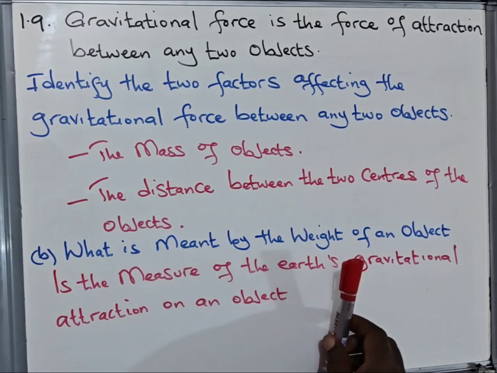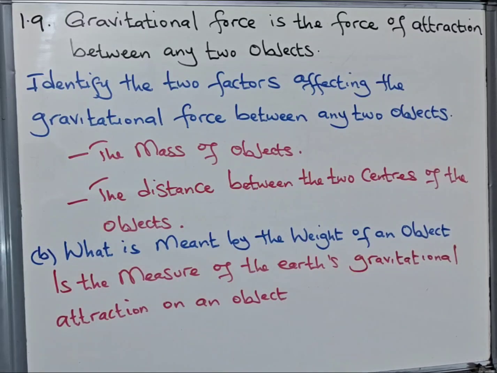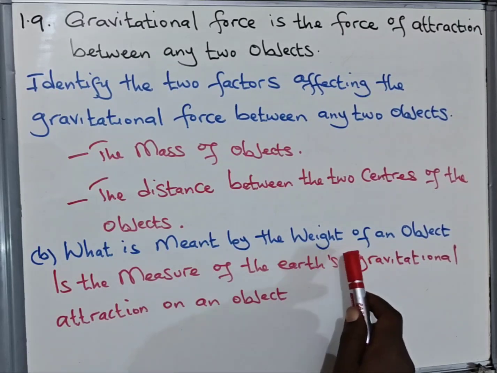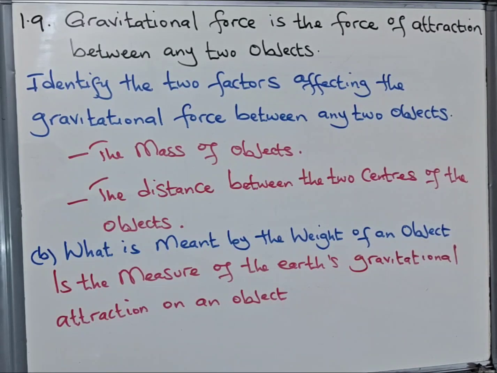Here we have to remember that there is force of attraction between any objects, whether they are stones, whether they are cars. But for weight in particular, the attraction must be between the Earth and the object.